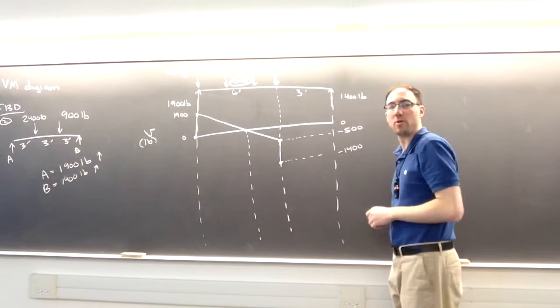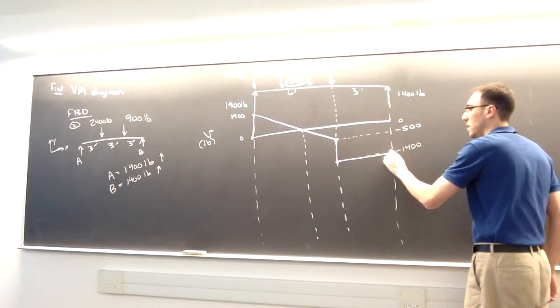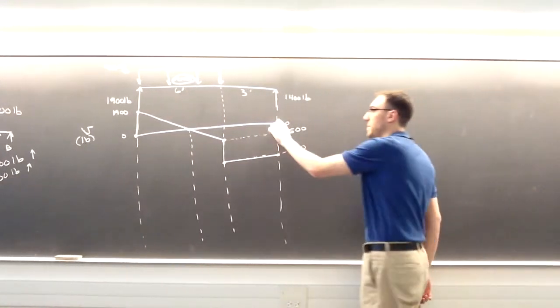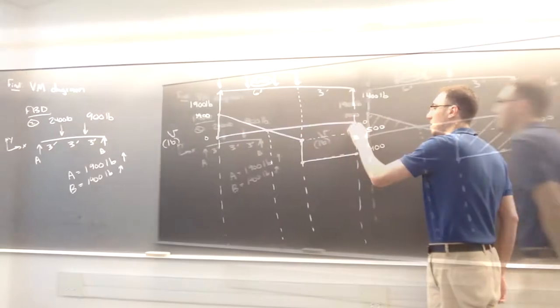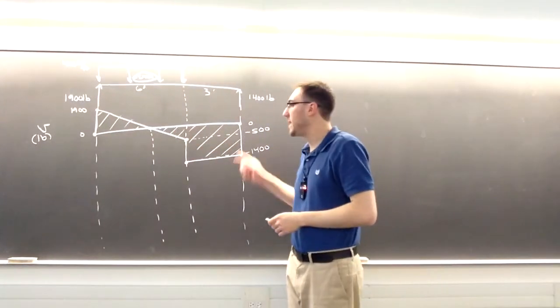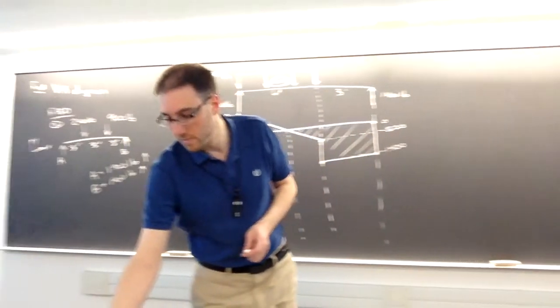Between the lines, there's no loading, so I remain at -1,400. And then on the line, I have a vertical force up of 1,400, which will take me back to 0. Start at 0 and end at 0, so I can be relatively certain my V diagram is correct here.